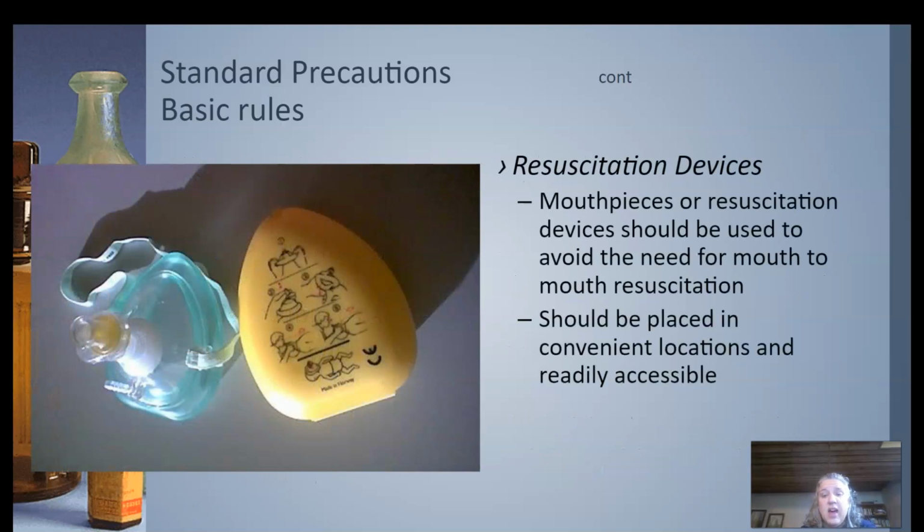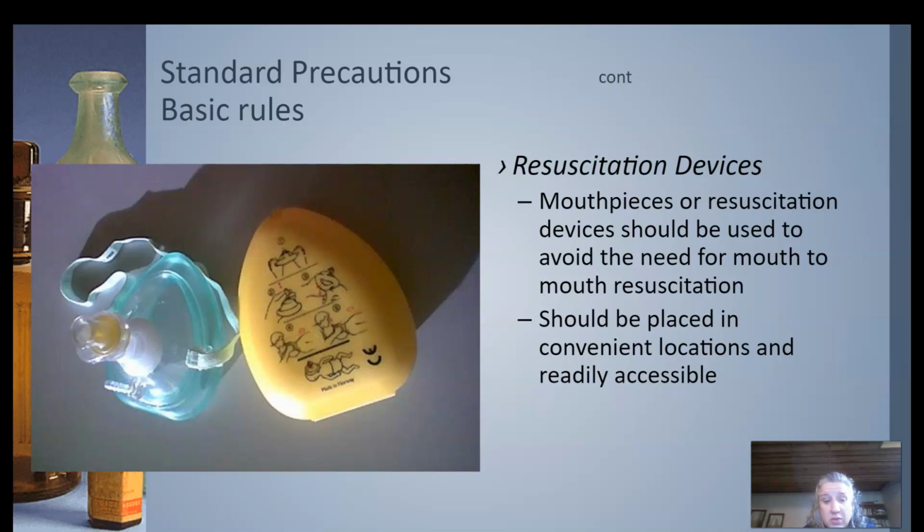Resuscitation devices. Mouthpieces or resuscitation devices should be used to avoid the need for mouth-to-mouth resuscitation. When you take CPR in the class, you will receive your own resuscitation device. The part on the bottom in the picture, where the strap is, you can reuse.